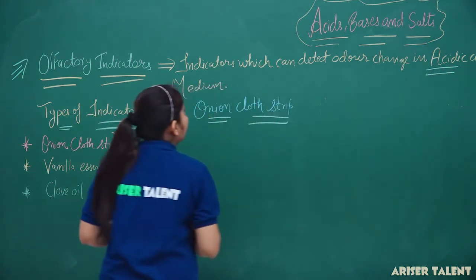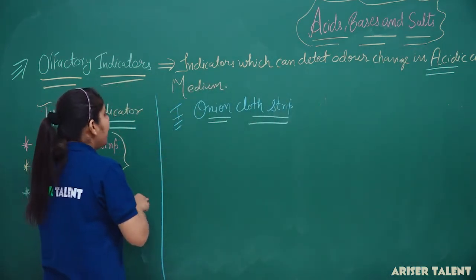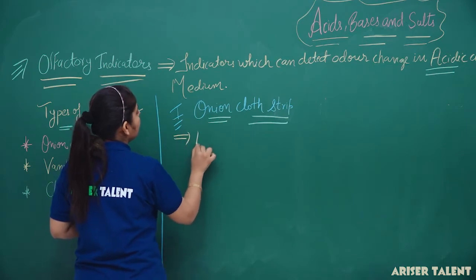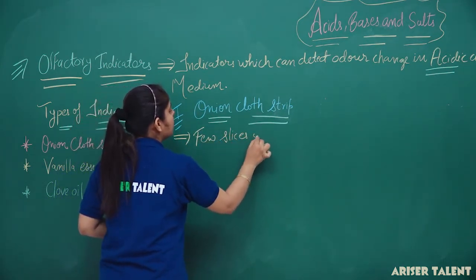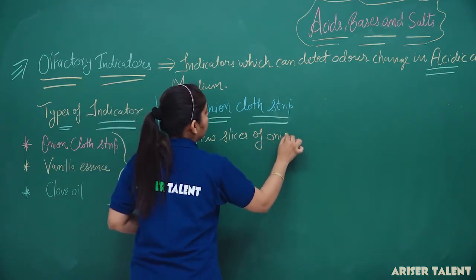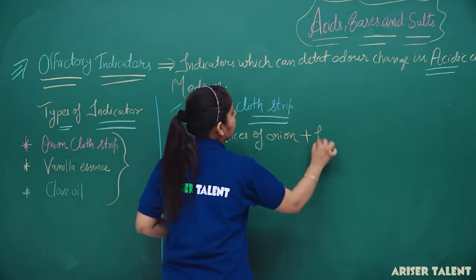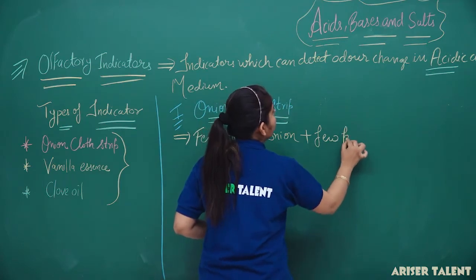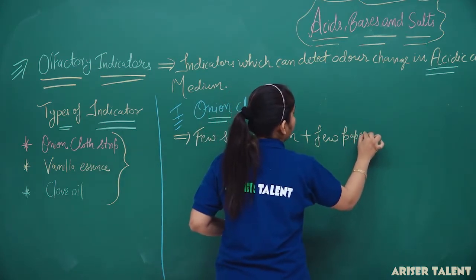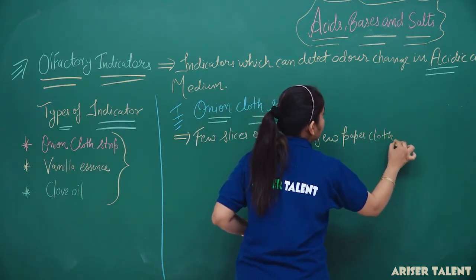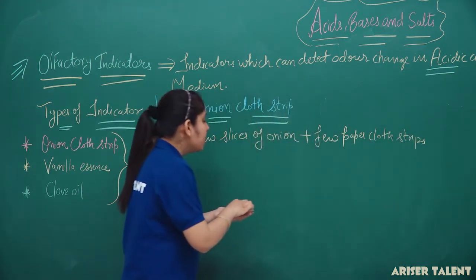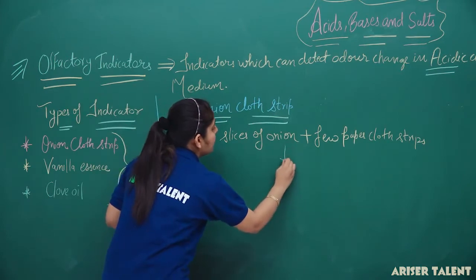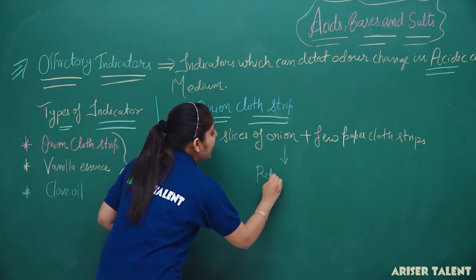So what we have done in the onion cloth strip, we have taken few slices of onion plus few paper cloth strips. After that, we put them in a plastic bag.